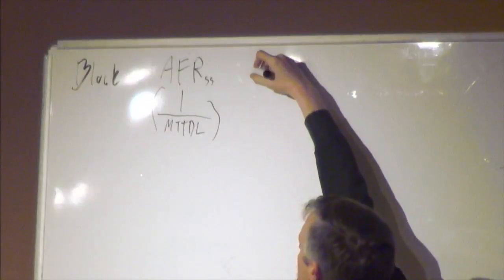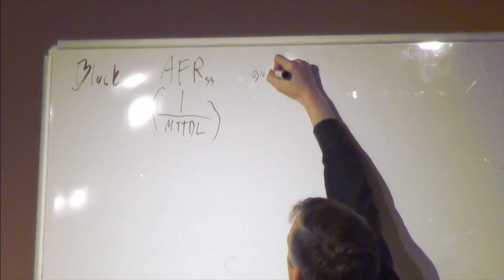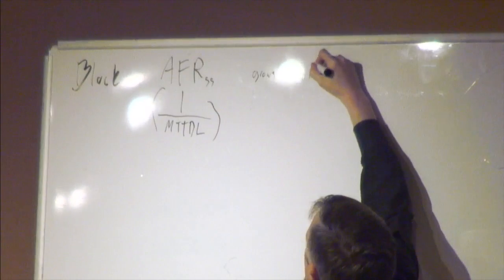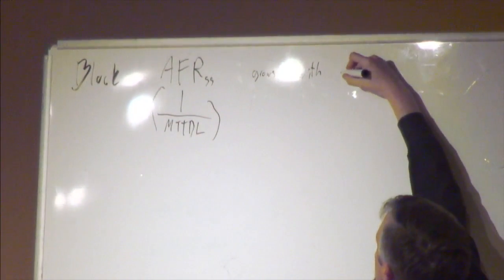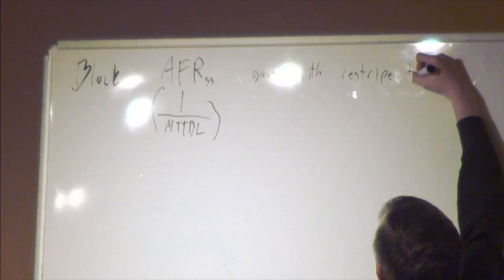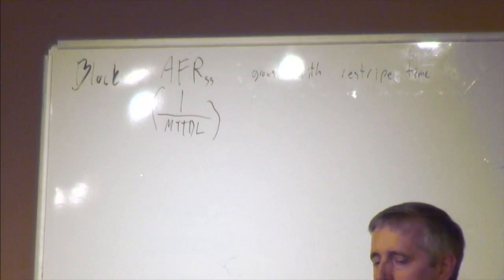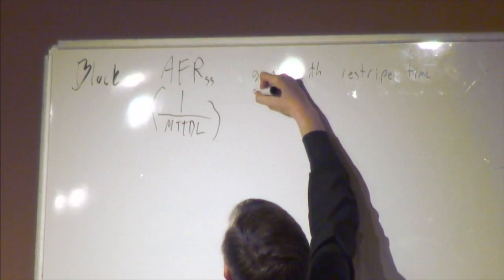The AFR actually grows with the restripe time. This makes sense. The longer it takes to restripe from a failure, the higher your potential failure rate is.